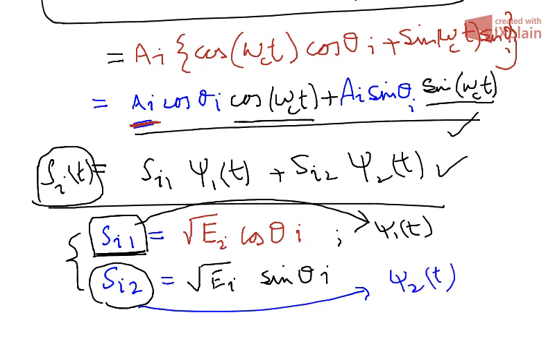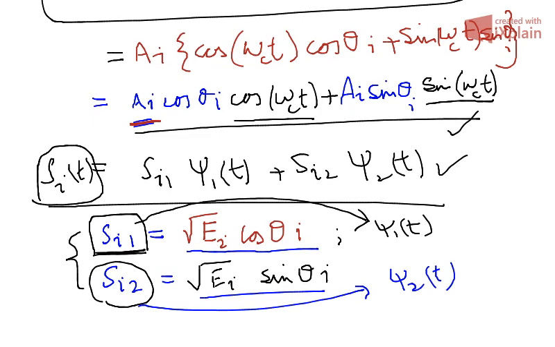So now this should be clear, because we always observe our signal in the Euclidean space, or we say signal space. If you observe your signal in the signal space, you can identify these. My Si1 and Si2, which are these values, may be positive or negative.